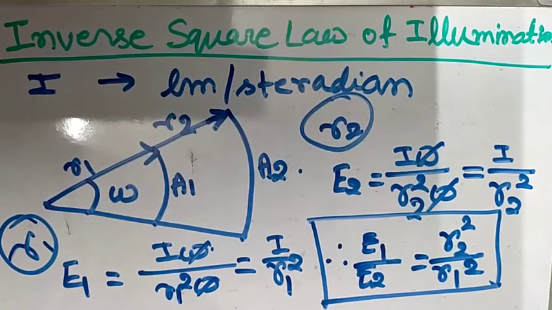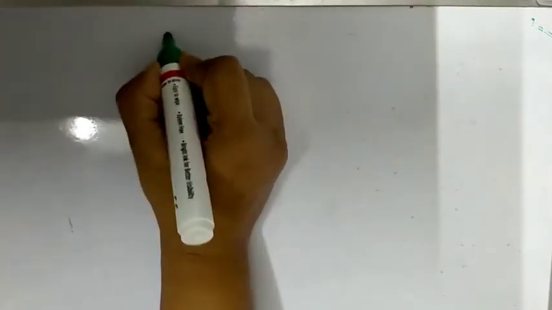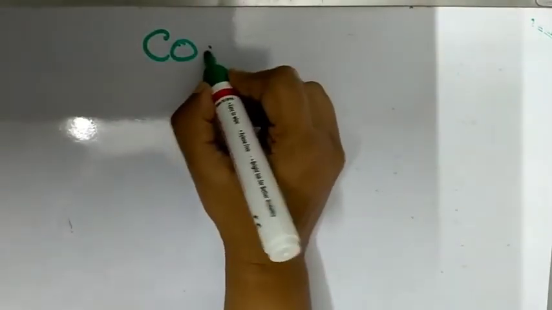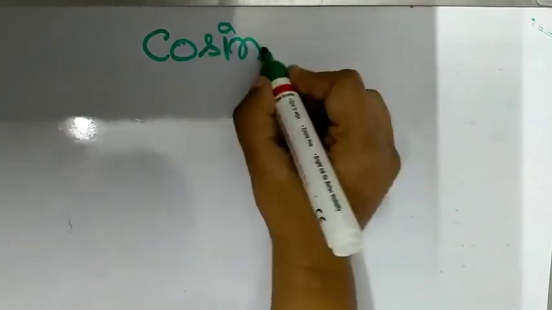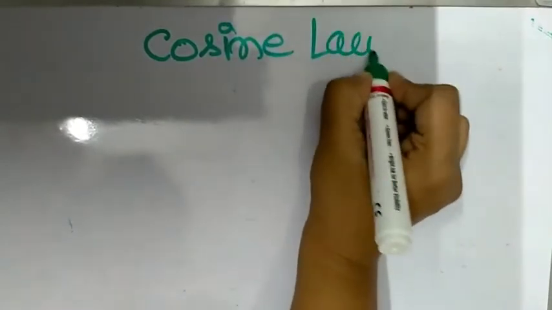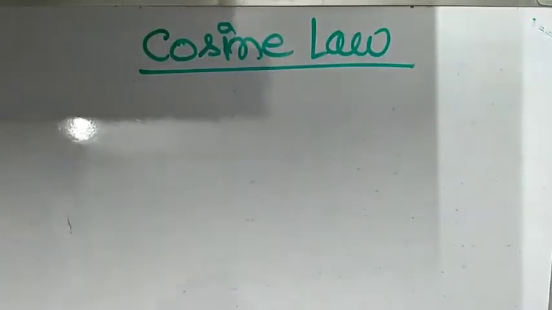Next one is the cosine law. It is our everyday experience that the intensity of illumination due to the sun at midday is more than that either early in the morning or in the evening.